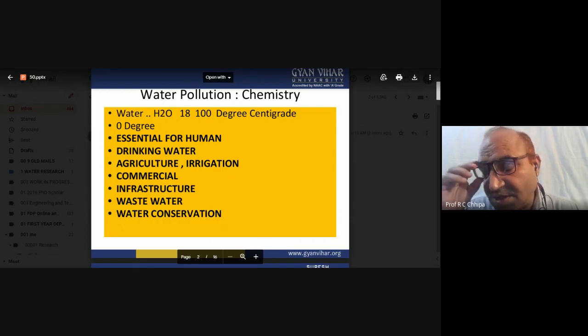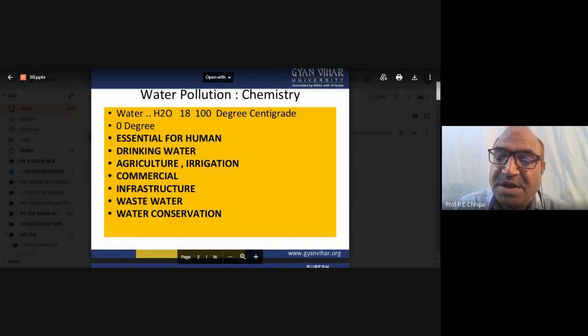During the hygiene and sanitation process, the water we use is polluted by our daily activities, and that water is thrown into an open area.